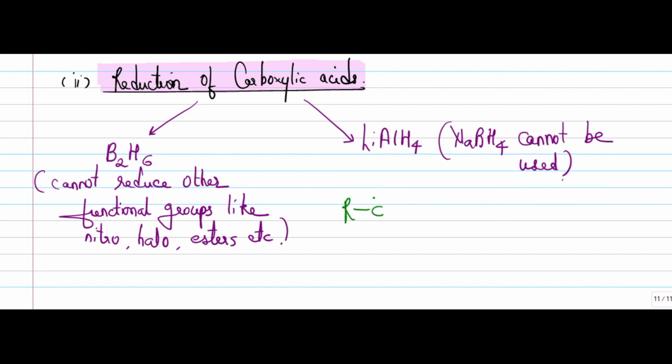So B2H6 is more specific, and what would be the reaction? As simple as that. Any carboxylic acid taken like this, if you have to reduce it, just remember, if I take lithium aluminium hydride, it would first of all reduce, you will have one H added here and one H on oxygen, and then you have R, CH, OH and OH, isn't it?